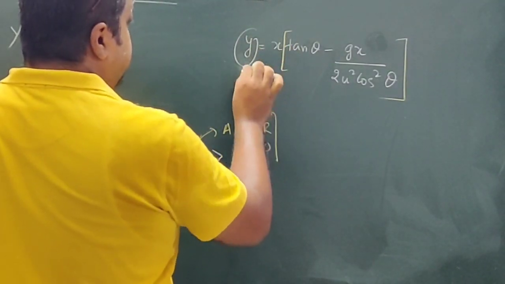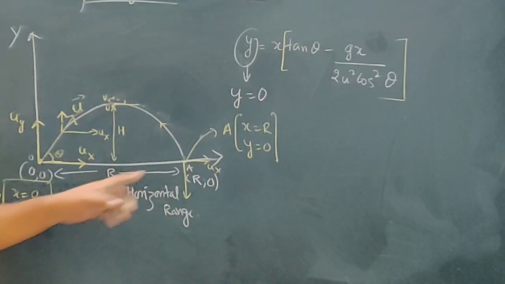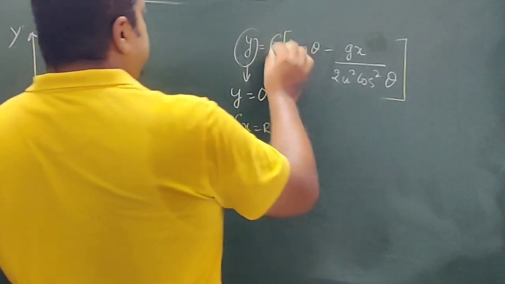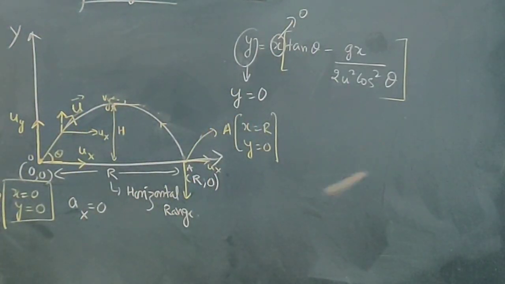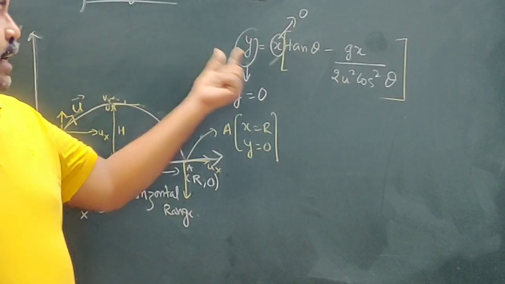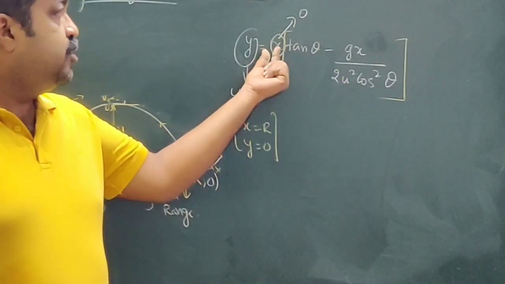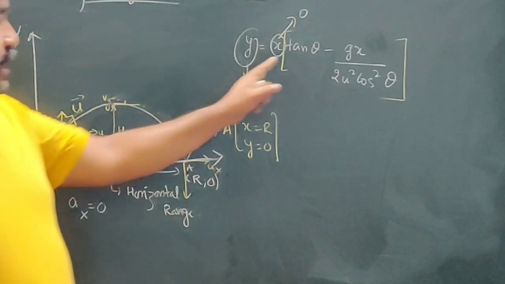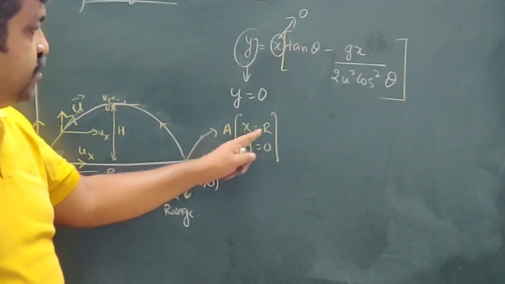That means if we make y equal to 0, you get two solutions. One solution is x equal to 0, that is the origin. y equal to 0 means either this quantity is 0 or that quantity is 0. This quantity being 0 means x equal to 0, that is this location. And if the other quantity is 0, we will get x equal to r.